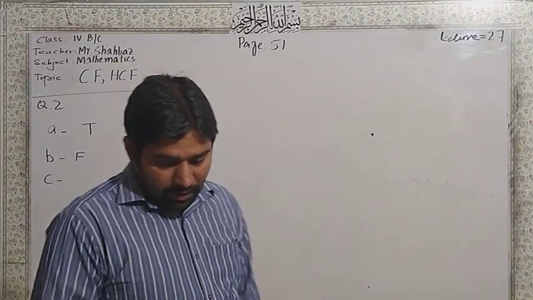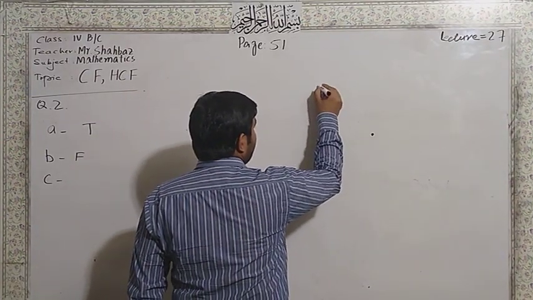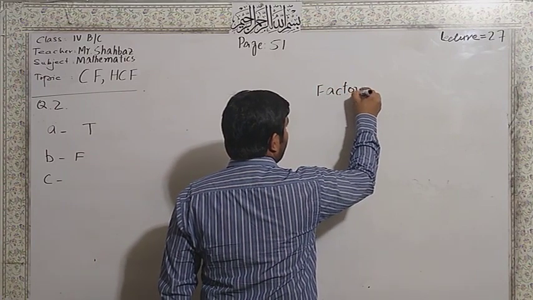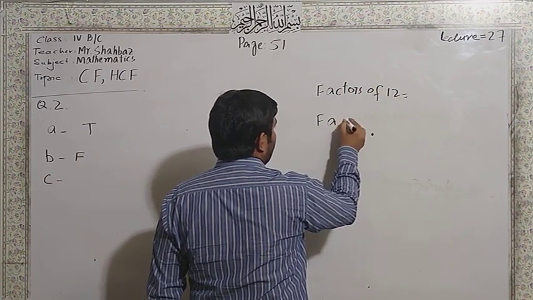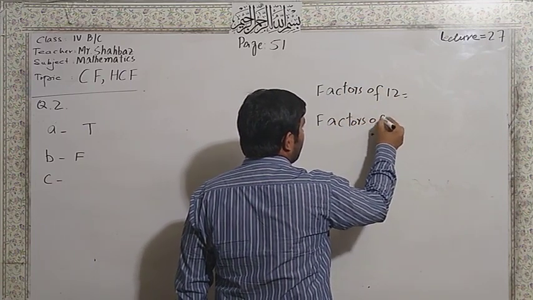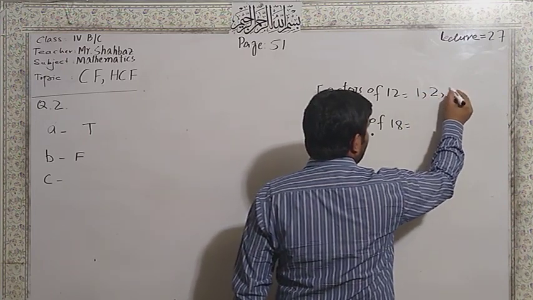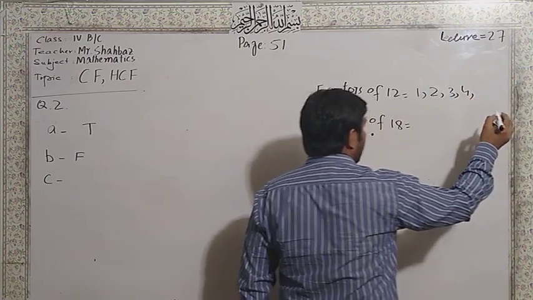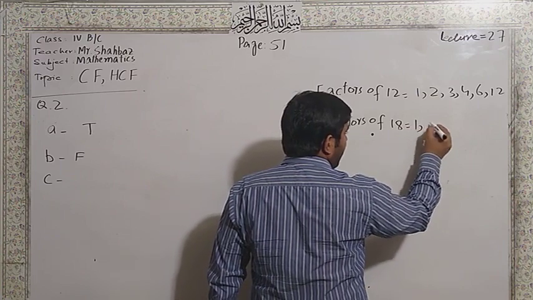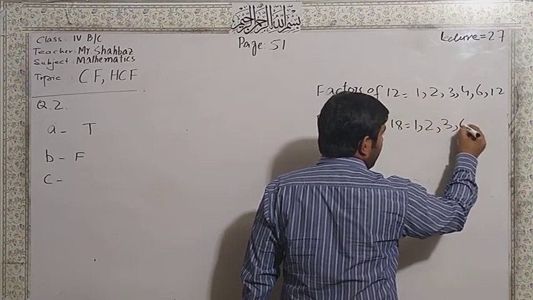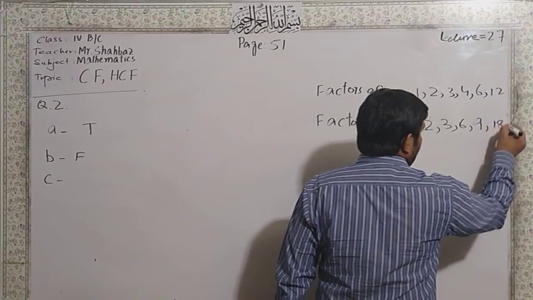We have to write the factors of 12 and then the factors of 18. 1 12 are 12, 2 6 are 12, 3 4 are 12, 4 3 are 12, 6 2 are 12 and 12 1 are 12. And here 1 18 is 18, 2 9 are 18, 3 6 are 18, 6 3 is 18, 9 2 is 18 and 18 1 are 18.